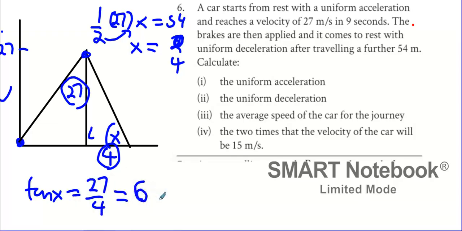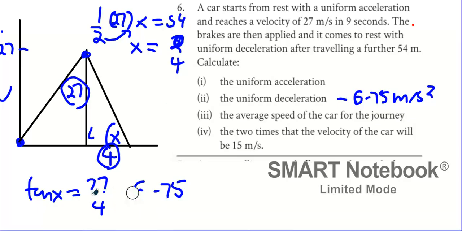I'll say about 6.75. And it's minus because it's a negative slope, isn't it? So the deceleration is 6.75 ms2. Okay. Now, there's far less writing in this.